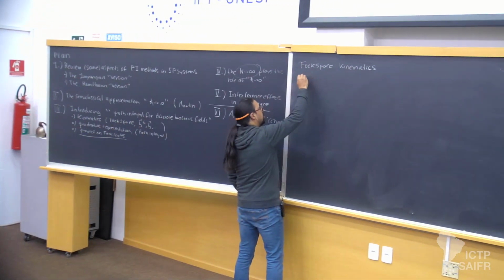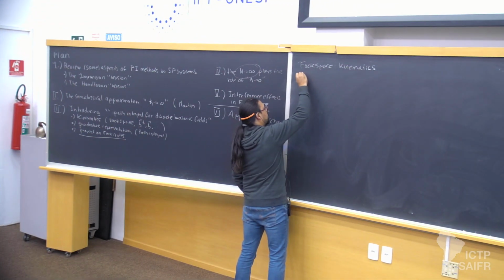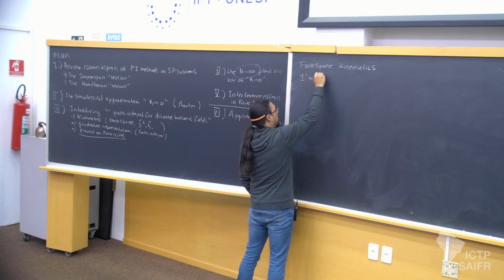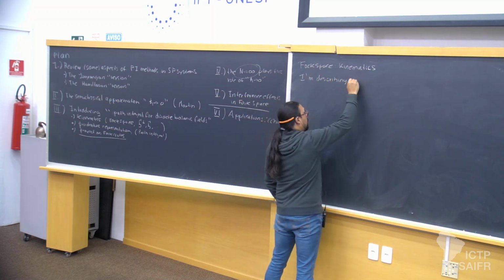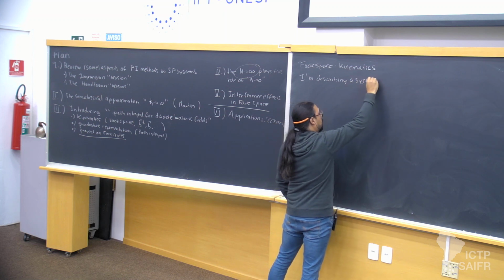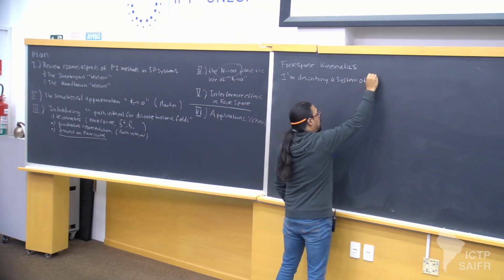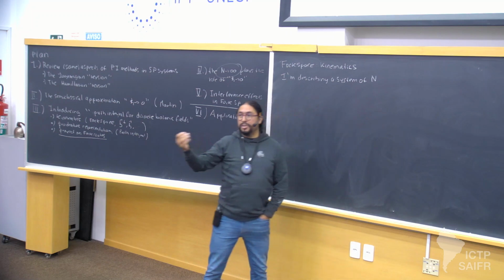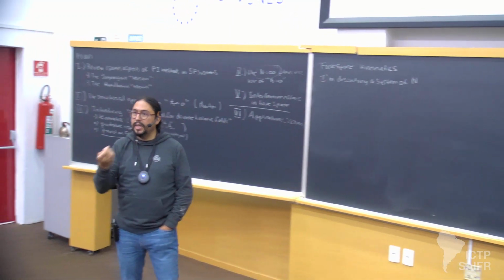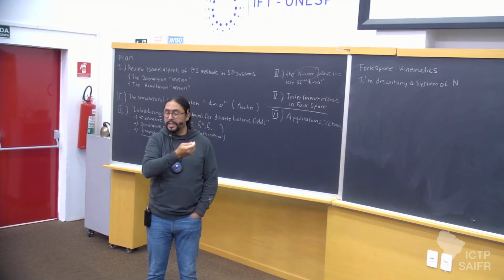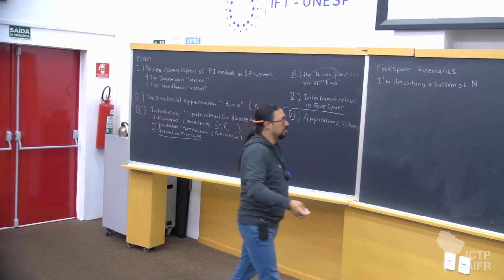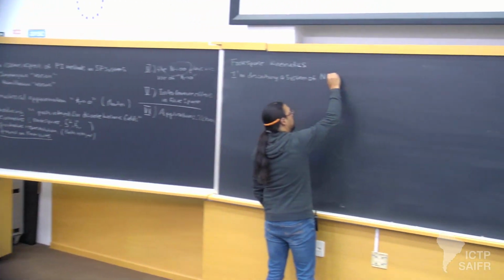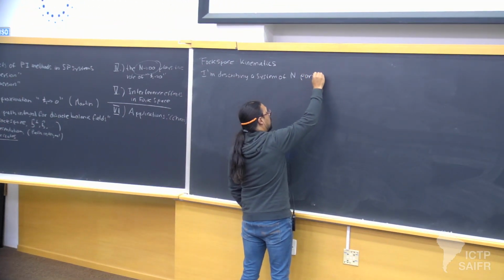So what I'm describing is a system of n degrees of freedom, but specifically now these degrees of freedom will be my particles. I have n particles here. Let me make it very explicit, particles.